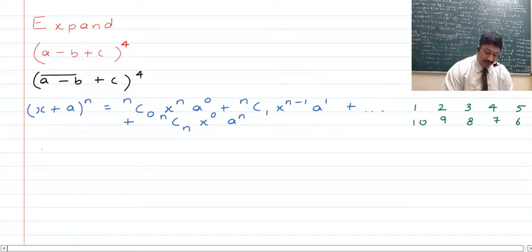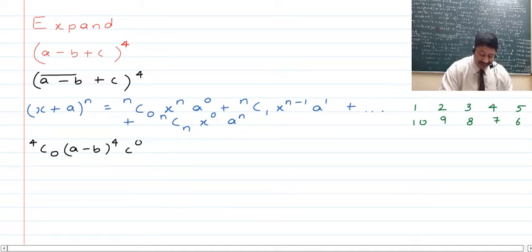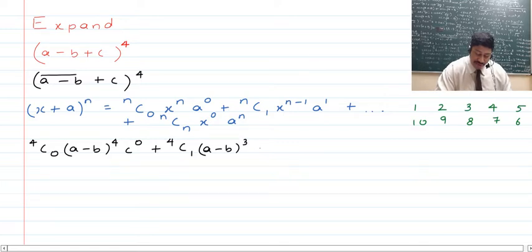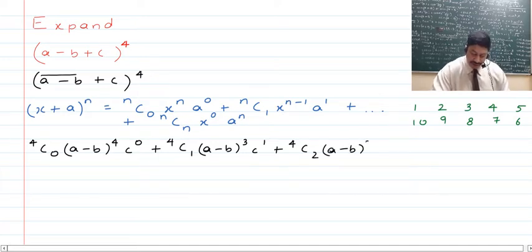So next, first we talk about 4C0, and then we have (a minus b) raised to the power 4, which is further multiplied with c raised to the power 0. Then the next is 4C1 (a minus b) raised to the power 3 times c raised to the power 1, plus 4C2 (a minus b) raised to the power 2 and c raised to the power 2.